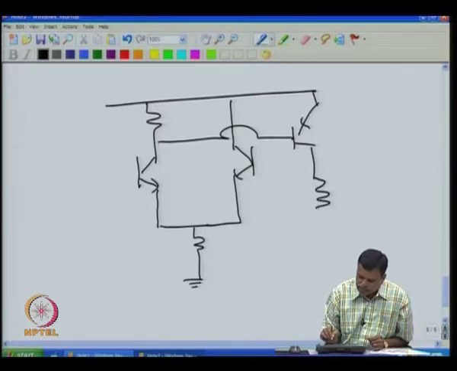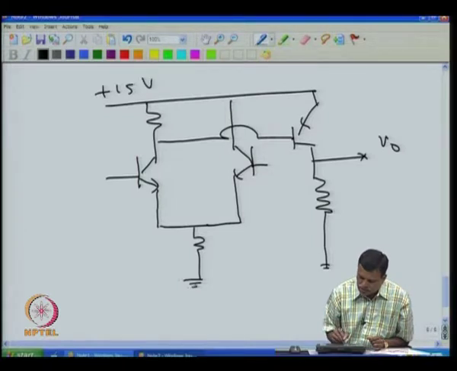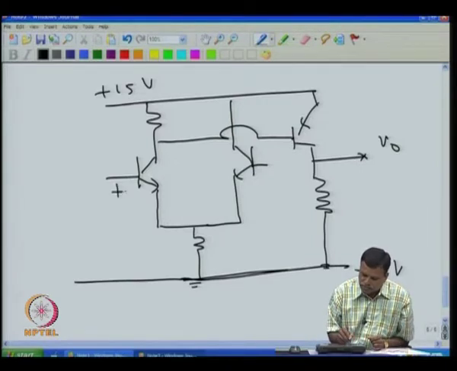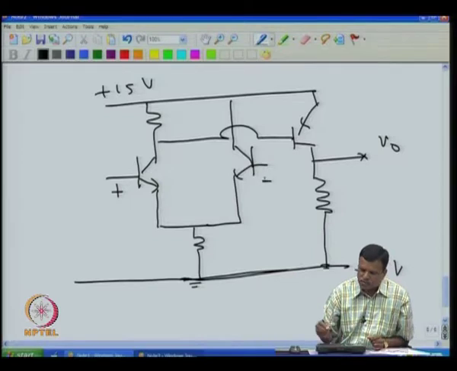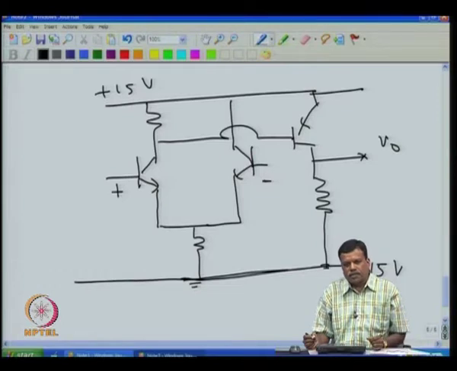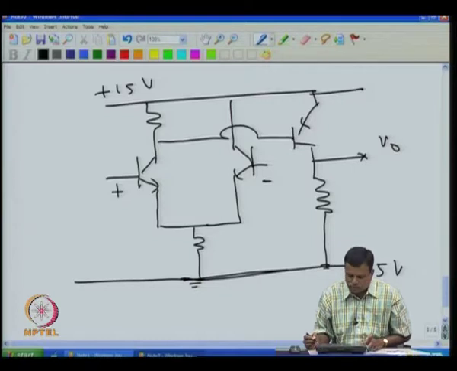The equivalent of that was done with the vacuum tube, not this one, and this is the output here, and this is the supply voltage. In fact, it used plus 300 and minus 300 volts, not plus 15 and minus 15. I am showing plus 15 and minus 15 for the transistor equivalent. This is the output, this is the plus input of the op amp, and this is the minus input of the op amp. This is the op amp equivalent that was developed during the Second World War.